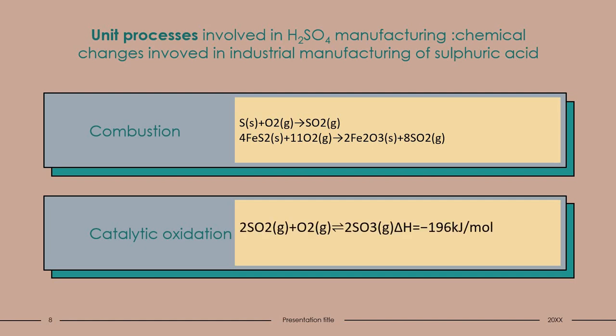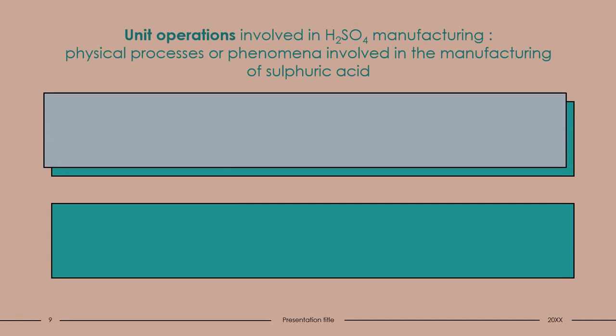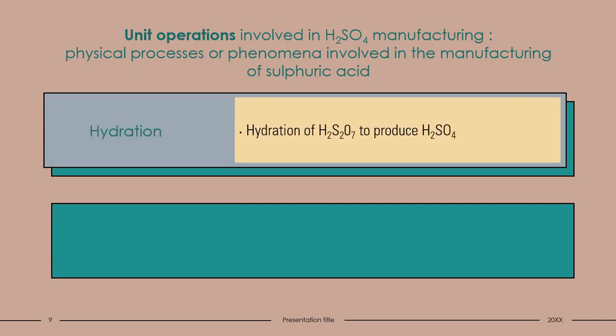Sulfur dioxide produced is then oxidized in the presence of vanadium pentoxide. As you can see, this is a reversible reaction and it is an exothermic reaction, where minus 196 kilojoules per mole of heat is released. Next is hydration. Hydration of pyrosulfuric acid with water to produce sulfuric acid of desired concentration. So these were the unit processes involved in the manufacturing of sulfuric acid.